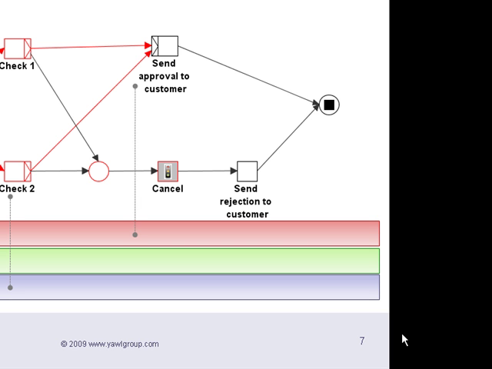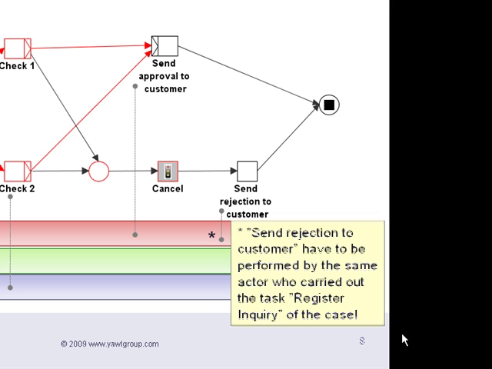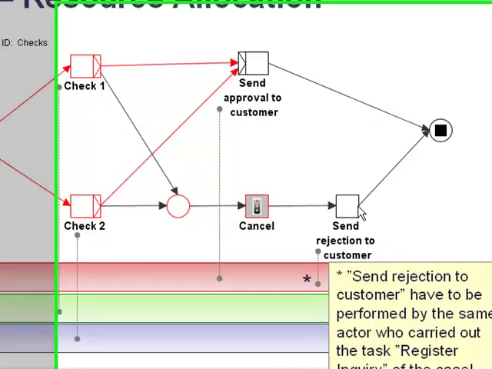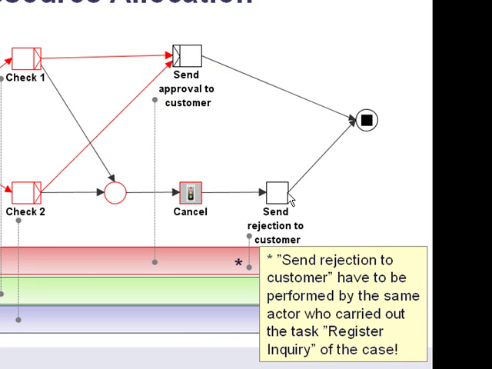And finally, send approval and send rejection are assigned to the customer service role. In addition, we have a business rule stating that the task send rejection to customer shall be performed by the same actor who earlier carried out the task register inquiry. This is to ensure that the actor delivering the rejection will be familiar with the entire case.